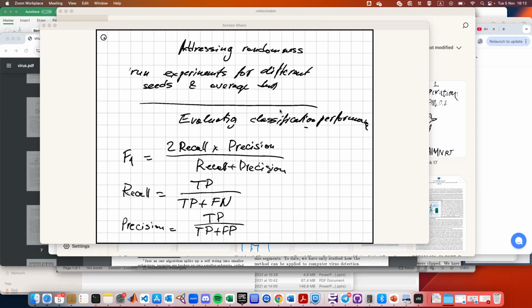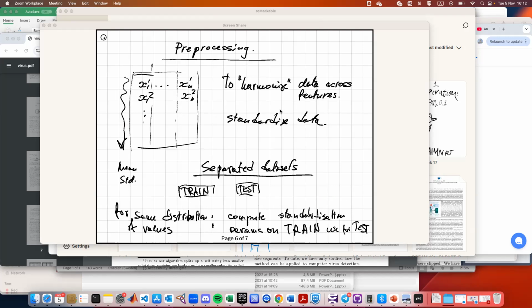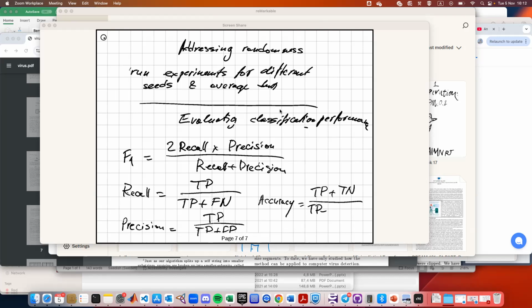Okay. And accuracy then. So it's true positives plus true negatives, divided by all possible outcomes: TP plus false negatives plus false positives plus true negatives.